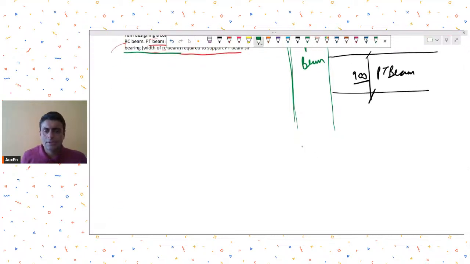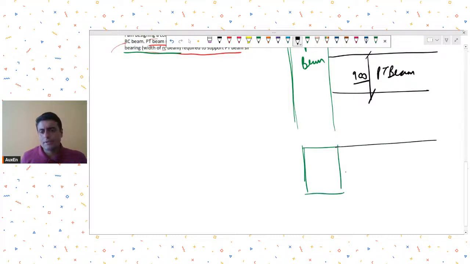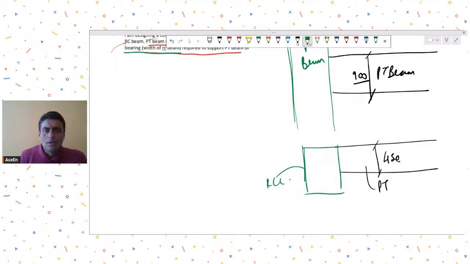That means this is my RCC beam in sectional view, and this is the PT beam. The PT beam has 450 depth because he had mentioned that. So this is PT and this is RCC, at the same level.